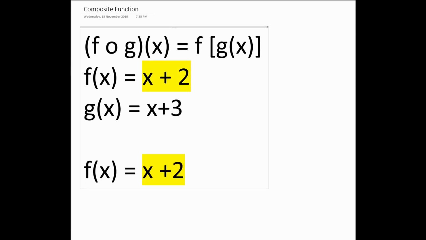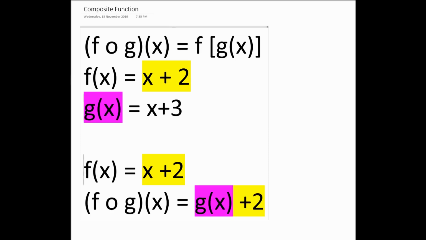First, we have f of x represented as x plus 2. Then, if we want to look for the f of g of x, we substitute x with g of x. So we change all of the x in the f of x as g of x. You can see here in purple color.